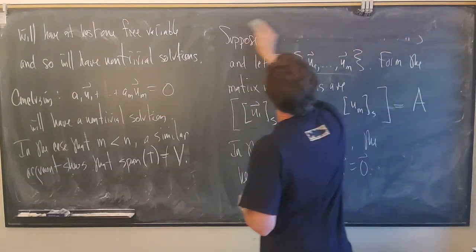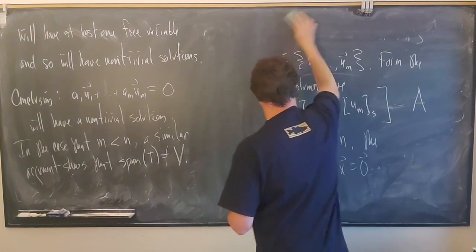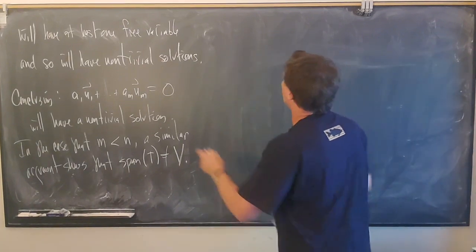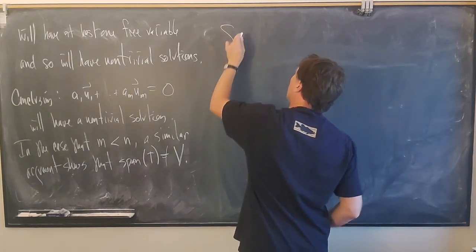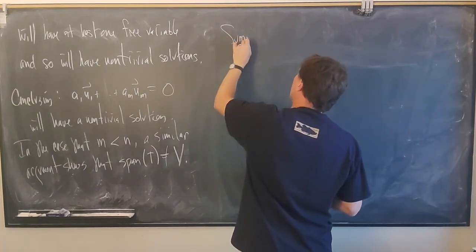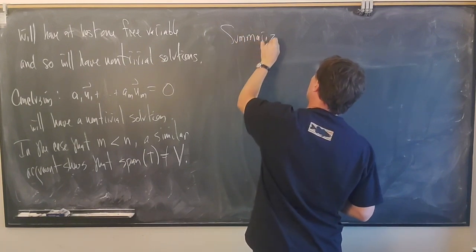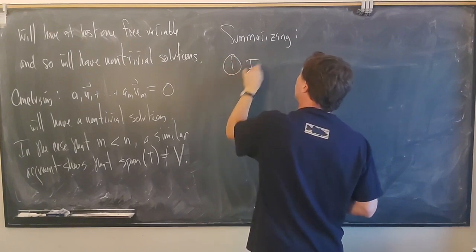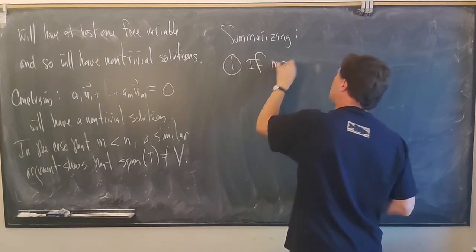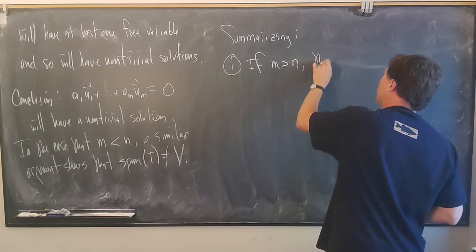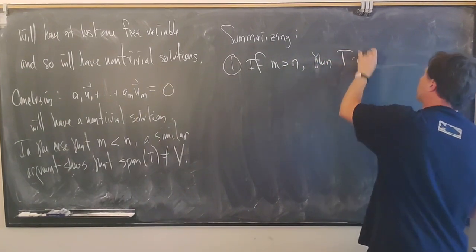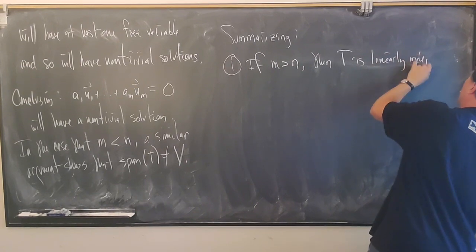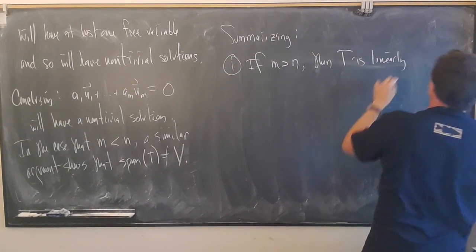So let me summarize what we just did here. One, if m is greater than n, then T is linearly dependent.